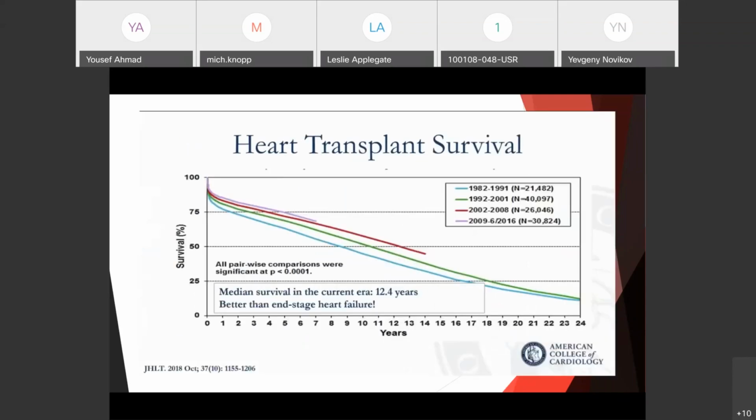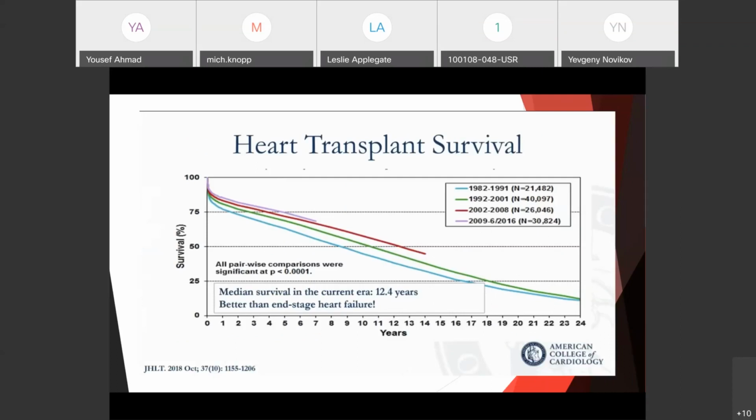Okay, so heart transplant. Realize as time progresses, we're becoming much better with transplant, and their survival is increasing. There are new techniques which we're using, and it's not really new, since the 1980s we've been using a similar technique, but our newer technique is the bicaval technique. As you can see from this data, they have good survival.